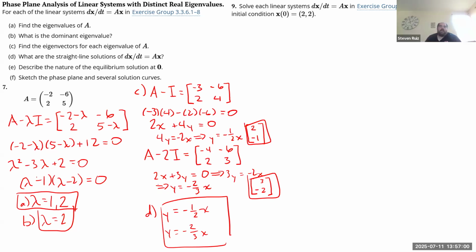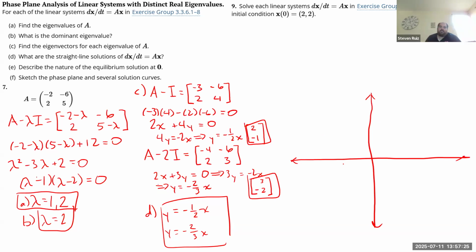And then we want to talk about the equilibrium solution at 0. Again, we have real positive eigenvalues, so we're looking at a source again. In a lot of ways, the phase portrait I'm about to draw is going to have a lot of similarities with the previous one.